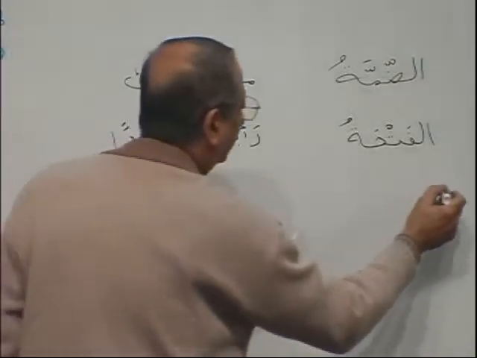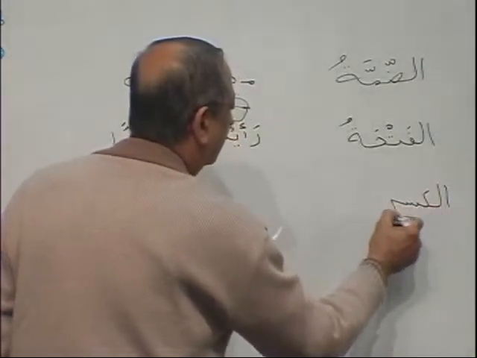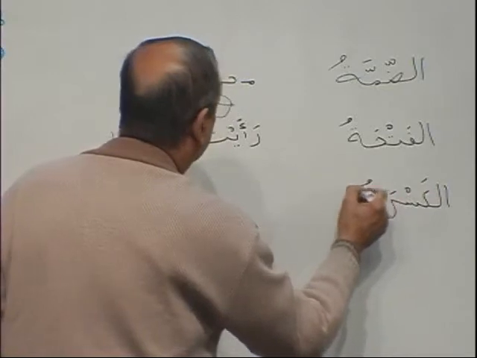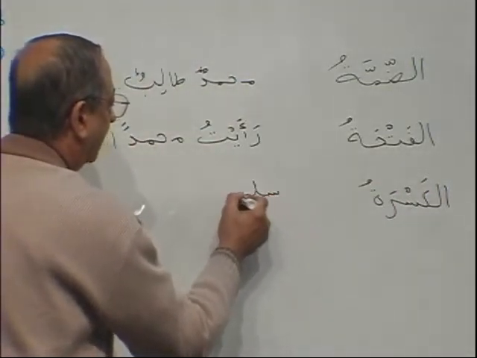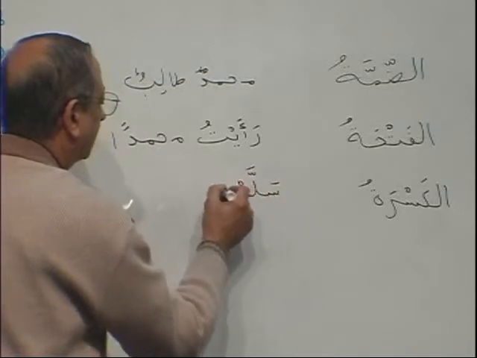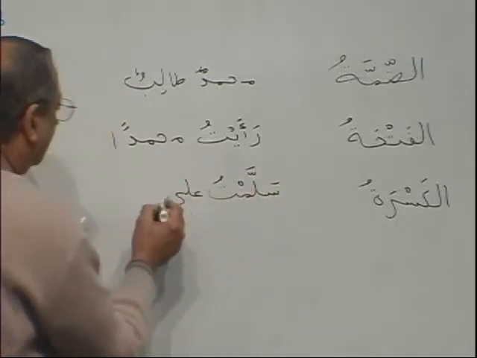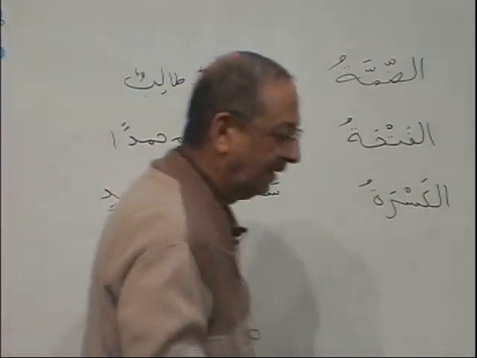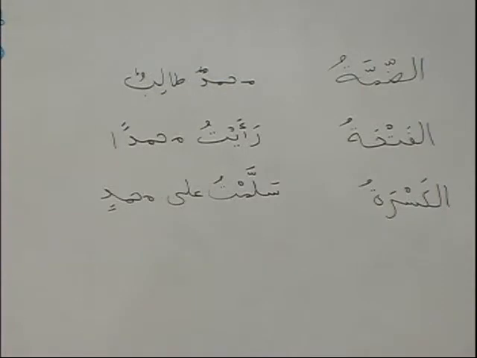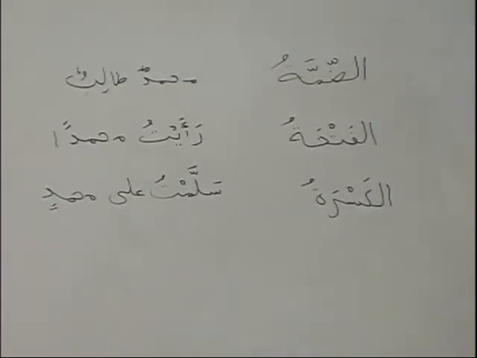And then al-kasratu. What will be the sign, brother? Sallamtu ala Muhammadin. Are you with me, brothers and sisters? Alhamdulillah. Now these are the original signs. Alamatul I'rabi al-Asliyatu.